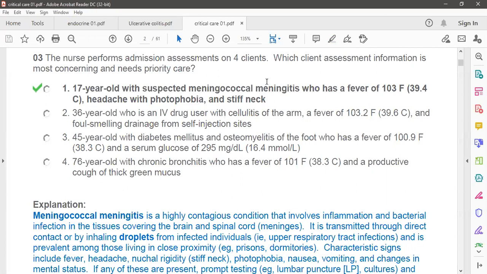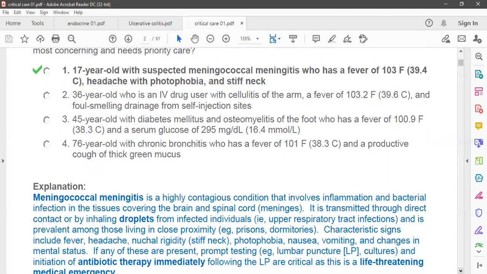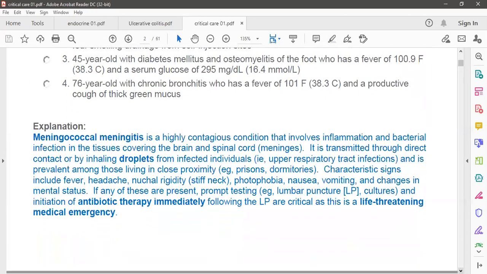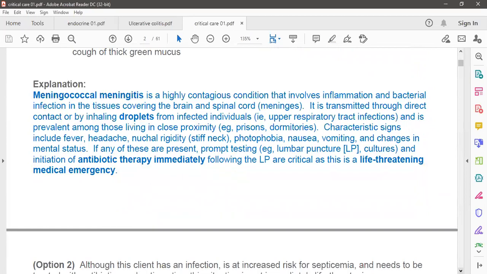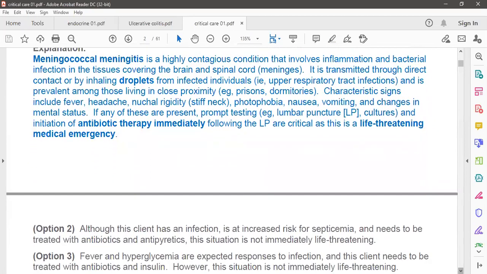So for meningitis, what type of transmission occurs? Direct contact and droplet, right? I want to share with you: if you do not know the signs and symptoms of meningococcal meningitis, don't go for the board exam. Don't waste your $200 for the NCLEX board.